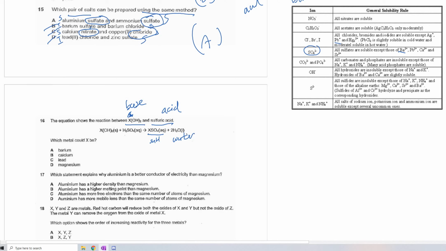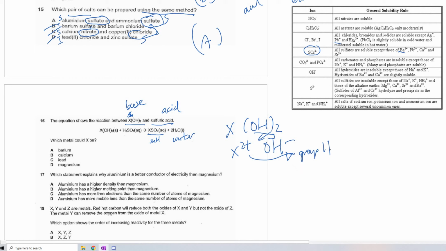Let's take a look at the base first. We have XOH2. If we reverse the crisscross, we would have X2+ and OH minus. So this suggests that the element X comes from group 2.